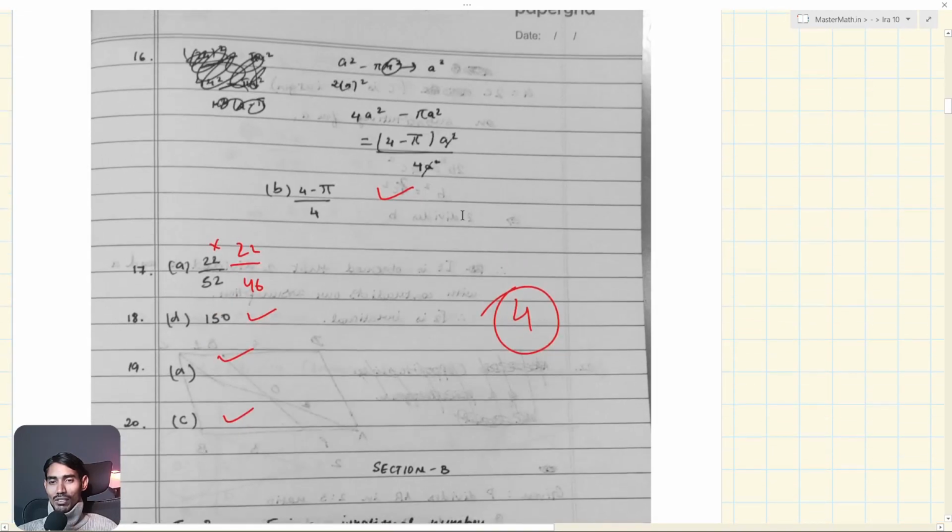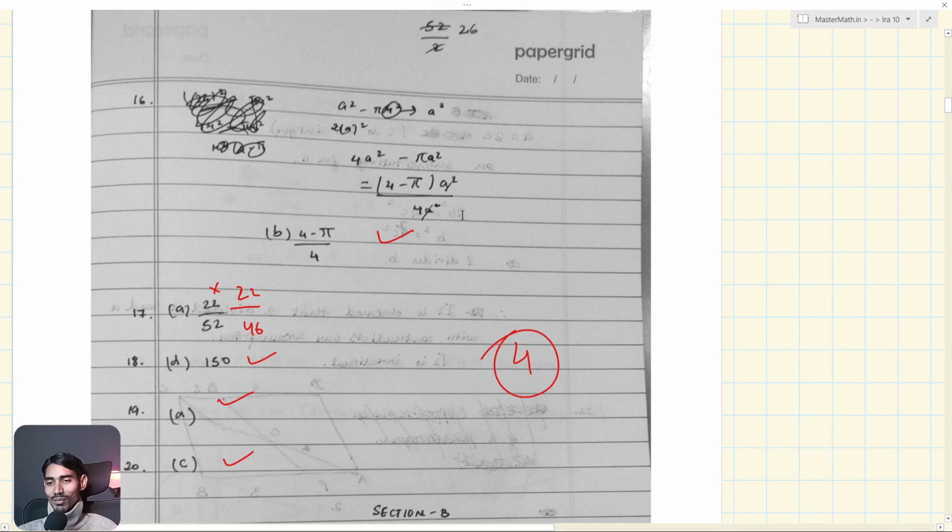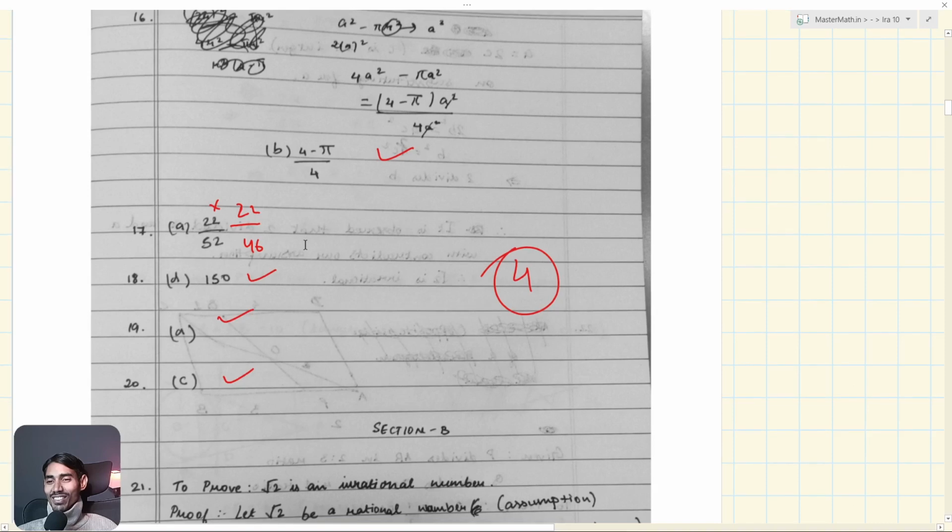See, probability, application of trigonometry, these are the topics that we want. It should be the last thing that you get wrong. 22 by 46. You didn't subtract. Okay, probability.